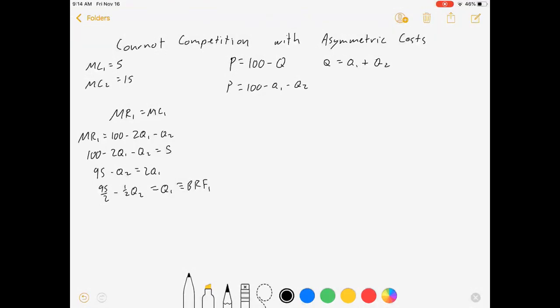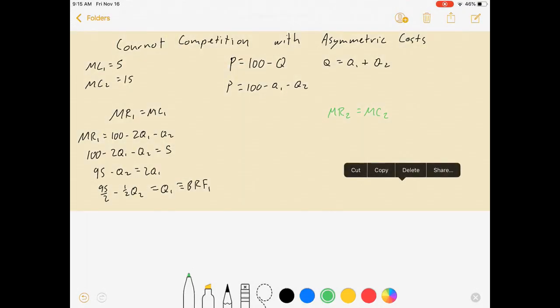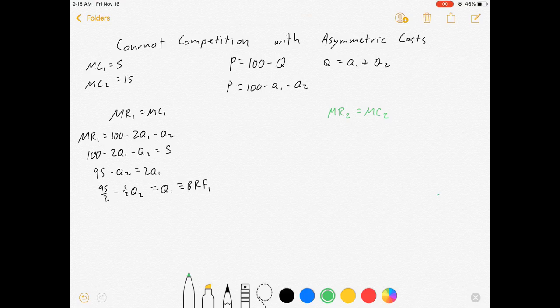Now we're going to step aside and do the same thing for firm 2, where marginal revenue for firm 2 is equal to marginal cost for firm 2. Same idea. Marginal revenue for firm 2 is 100 minus Q1 minus 2Q2.